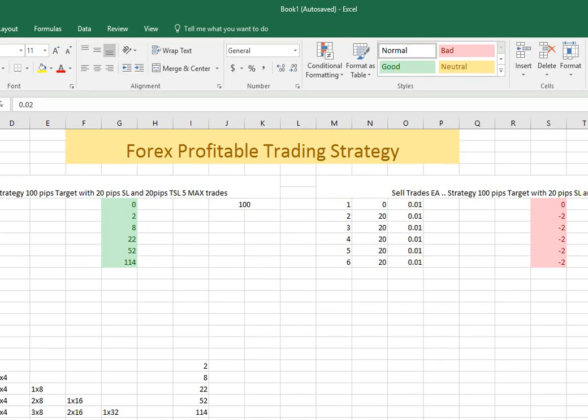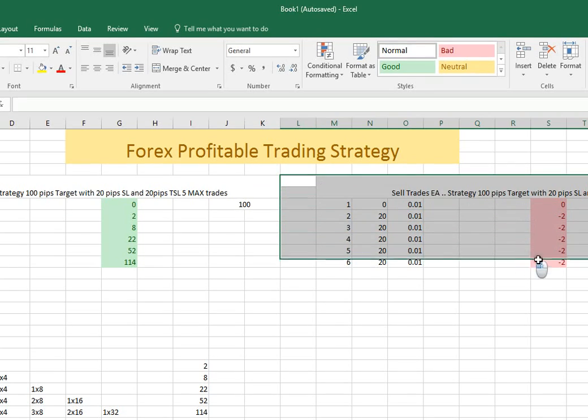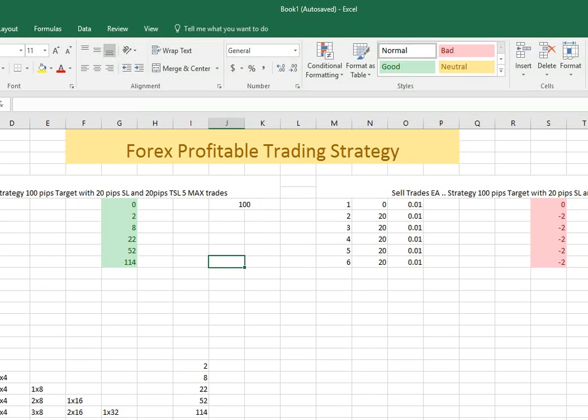At this point your first trade will be in $2 profit, 20 pips profit, and your second trade will just start right here. Forget about this part here, we'll discuss it later.